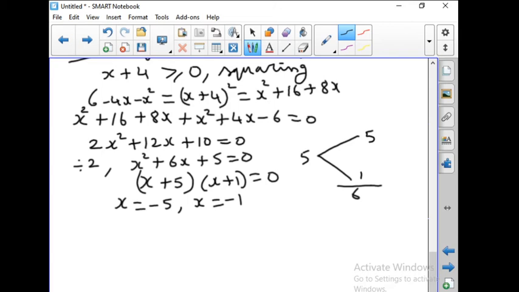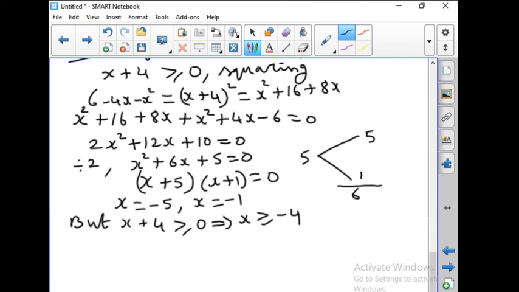But here what we have taken, x plus 4 should be greater than or equal to 0. So, x plus 4 greater than or equal to 0 means x should be greater than or equal to minus 4. But here we have got x is equal to minus 5.